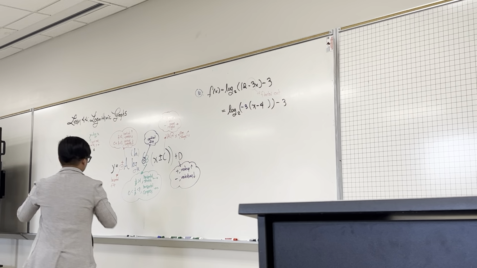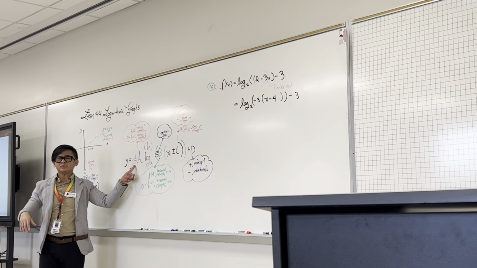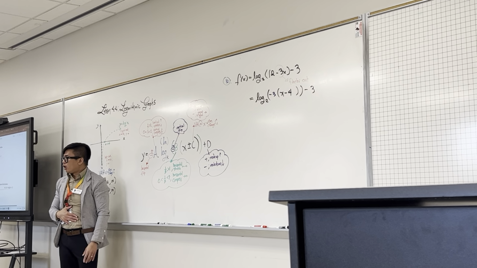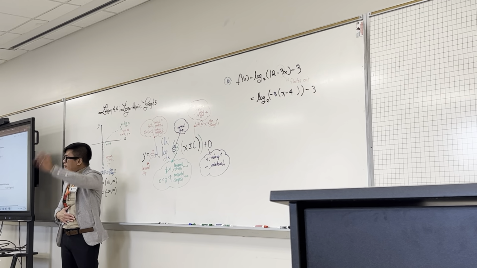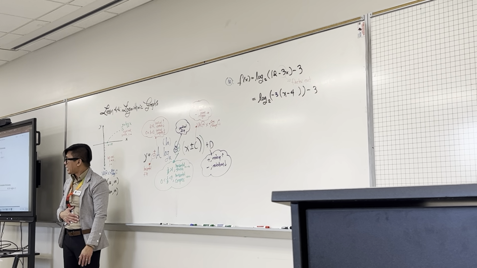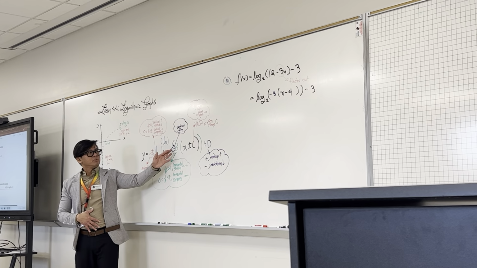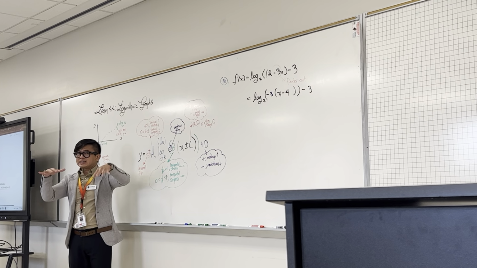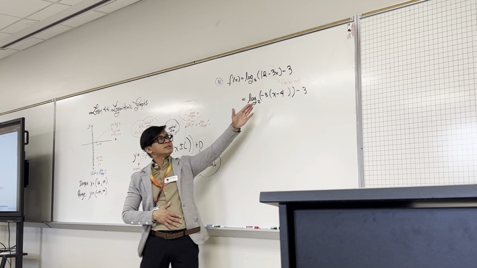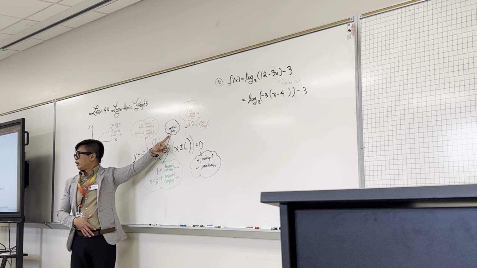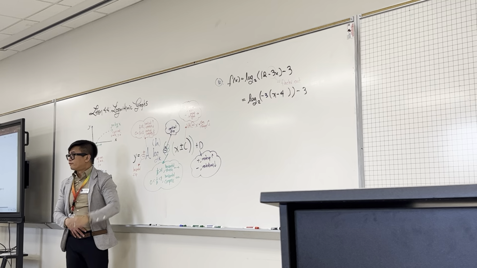So once again, if there's a negative in front of the log function itself, then it's going to flip along the x-axis, a horizontal flip. If there's a negative inside the parenthesis, then it's going to flip along the y-axis, a vertical flip.